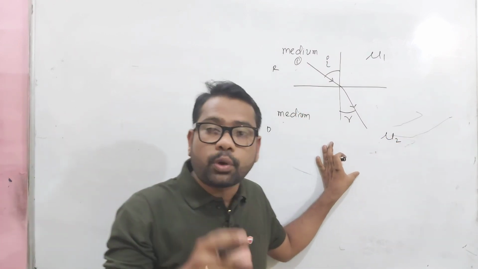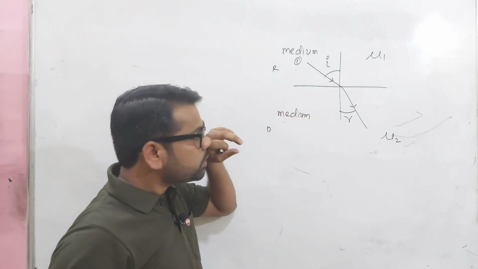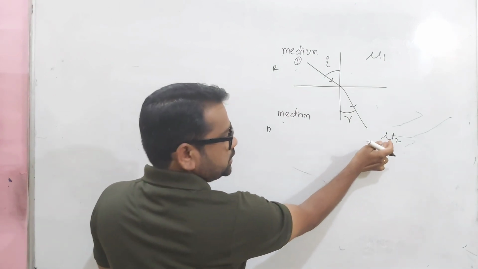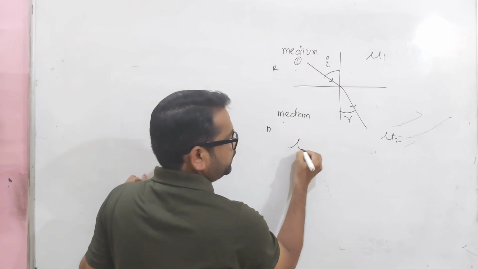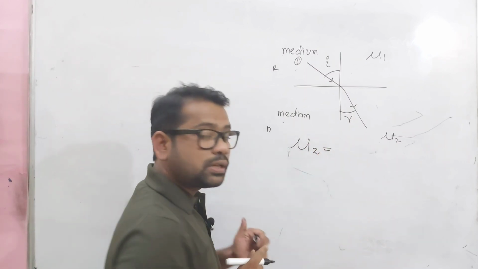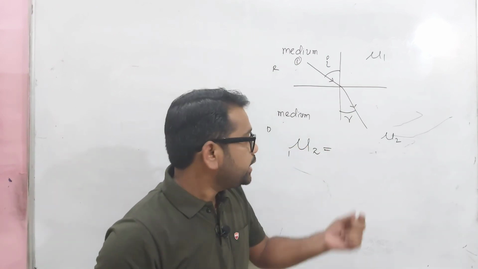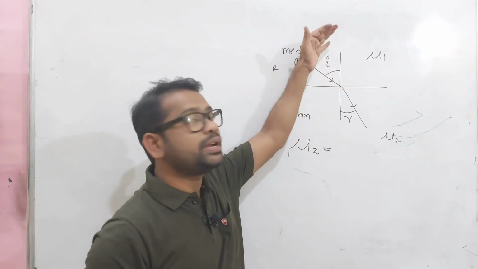Children, this point is very important to understand the principle of reversibility. So according to Snell's law of refraction, how can we write it? The refractive index of the second medium with respect to the first medium. This is very important: the refractive index of the second medium with respect to the first medium means we always take the refractive index of the medium in which refraction is occurring with respect to the other medium.